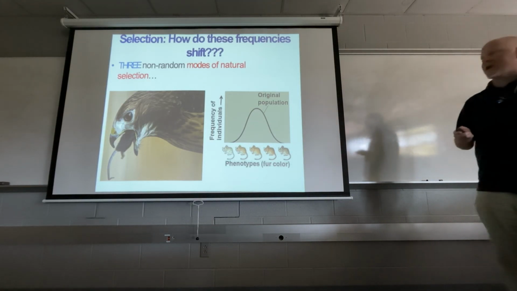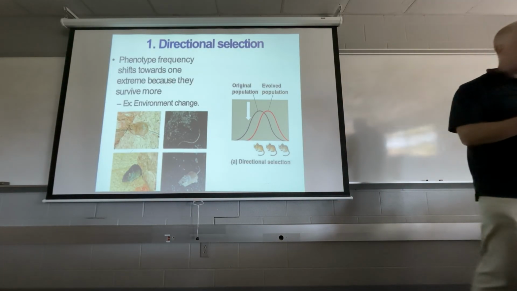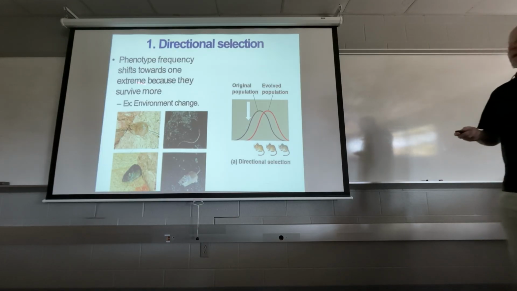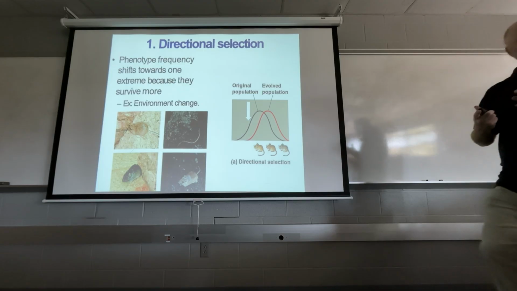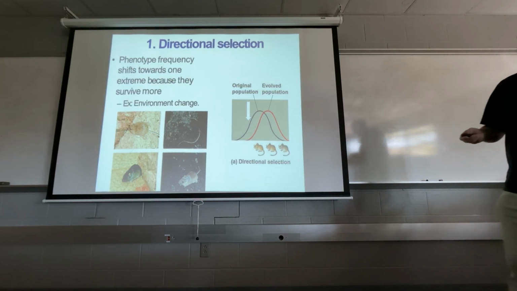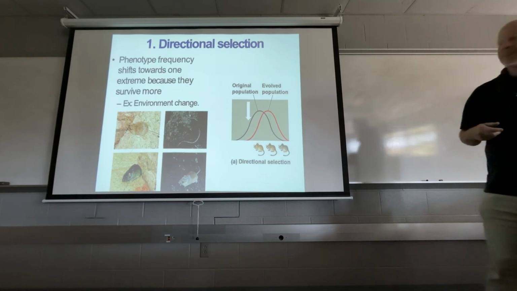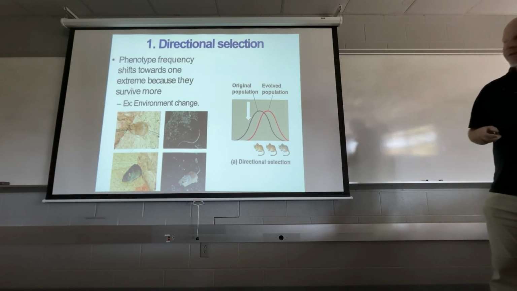The first one's called directional selection, where we move either to the right or to the left. And the phenotype is going to shift one way or the other, depending on the environmental selection agent or the biological selection agent. With rodents, it's pretty simple. It's all about camouflage, right? And so you can see over here on your left, you have a light substrate, and on your right, you have a dark substrate, right? And obviously, this guy hides better on the light substrate, but stands out on the dark substrate.